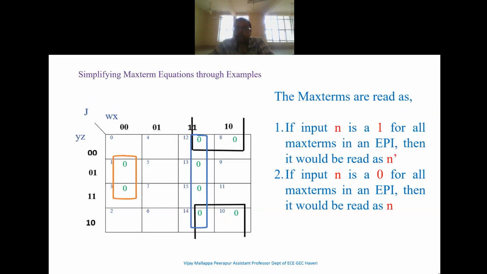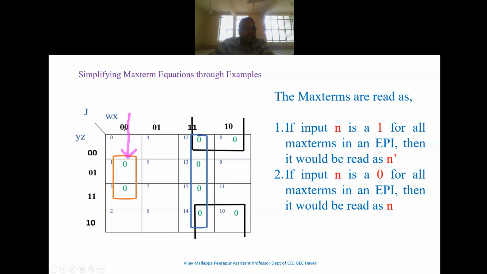Right, we have the group here, but how do you read it? As I said here, if it is 1, read as n bar. If it is 0, read as n. Now how do you read this one?